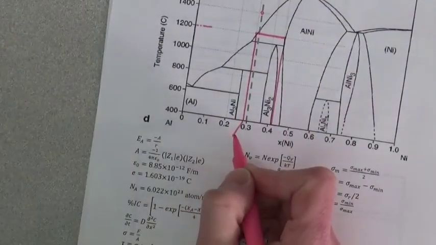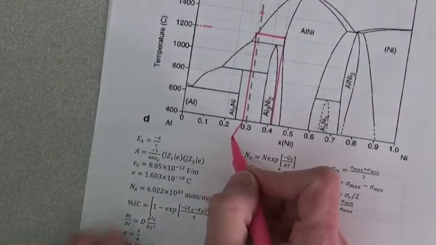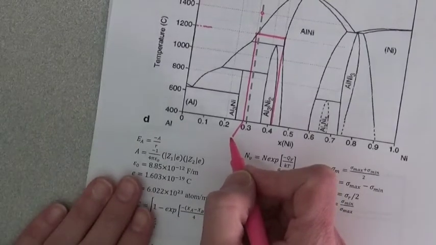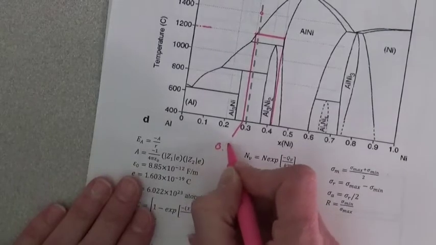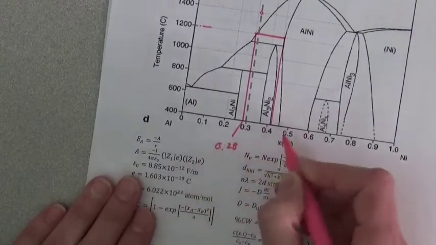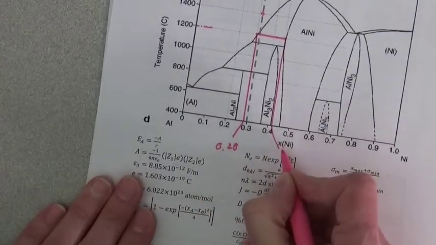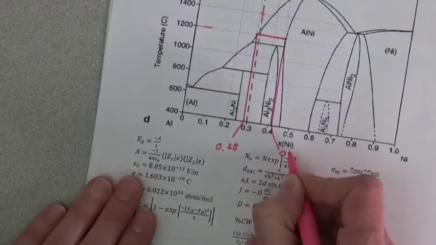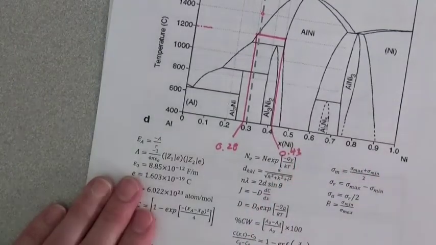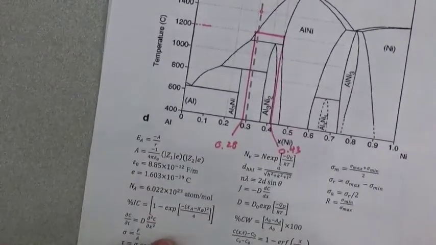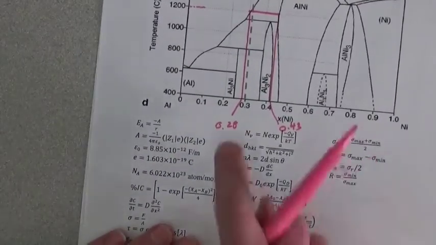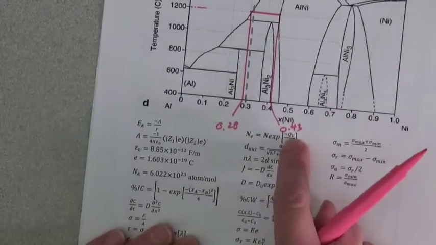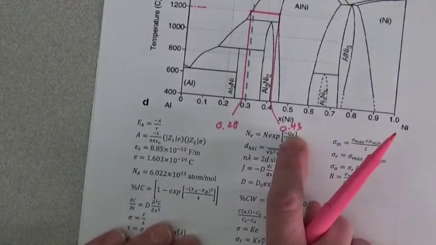So that is going to be around 0.28, and that is around 0.43. So that gives us the composition of the liquid and the composition of the AlNi phase.